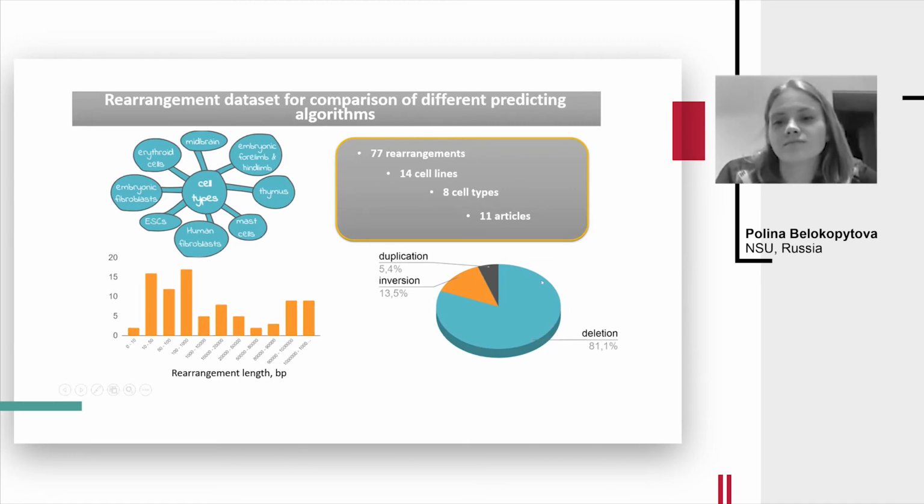The majority of rearrangements are deletions, but there are also some duplications and inversions. The main idea is to compare the ability of the algorithm to predict consequences of different chromosomal rearrangements, and also we want to compare the prediction efficiency of all existing algorithms.